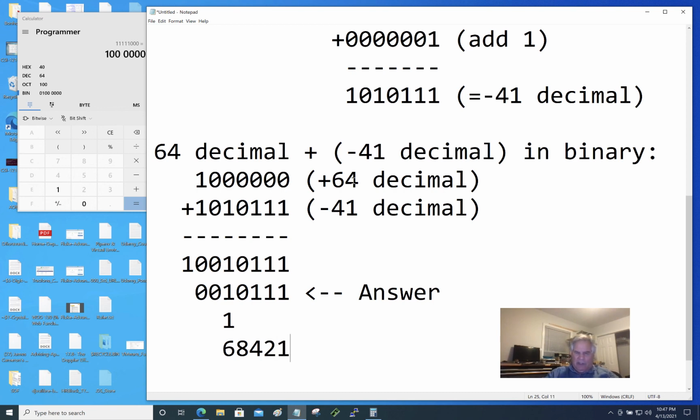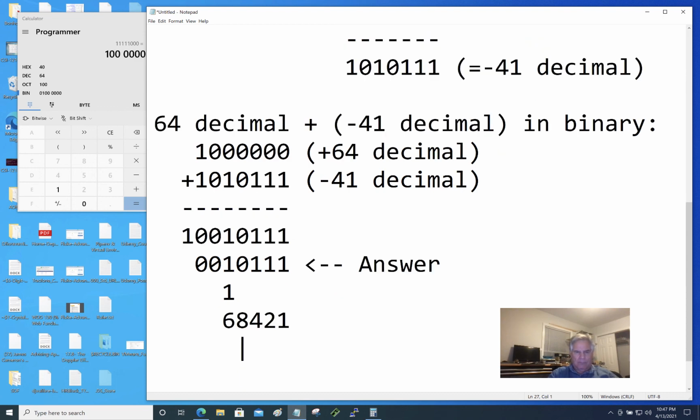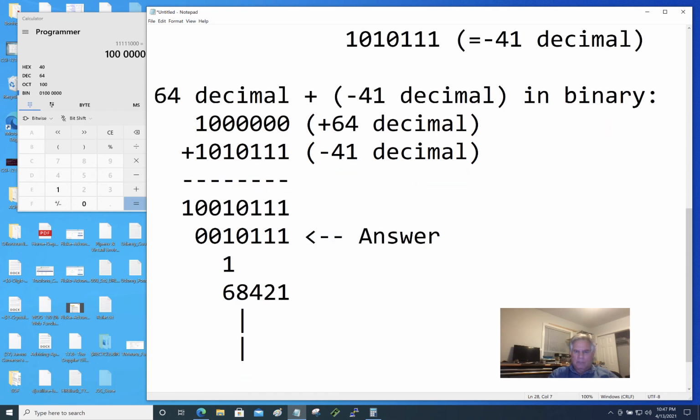So what we have here is 16 plus no 8s plus a 4 plus a 2 plus a 1.